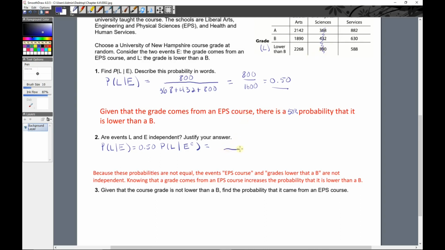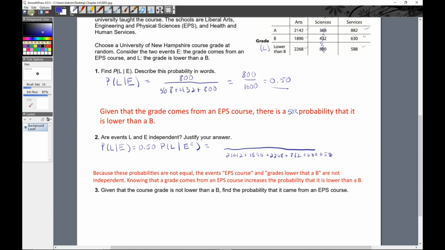This denominator is going to be pretty heavy duty because we have to include this, this, this, this, this, and this. So this will be 2142 plus 1890 plus 2268 plus 882. Now we're over in this column, plus 630 plus 588.